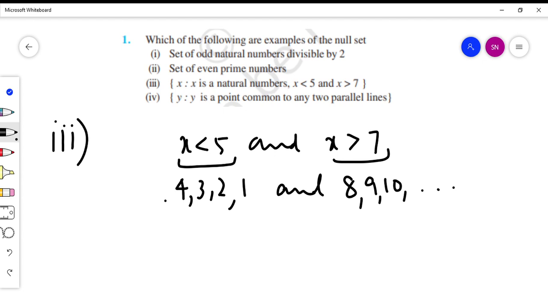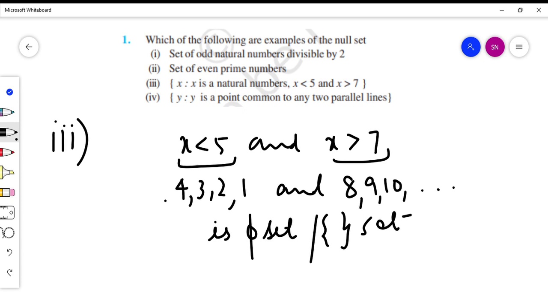So I do not have any terms in common. Since I do not have any terms in common from these two conditions, I conclude this set to be what? An empty set. So therefore, the third one is a null set or empty set. Hope this is clear to everyone.